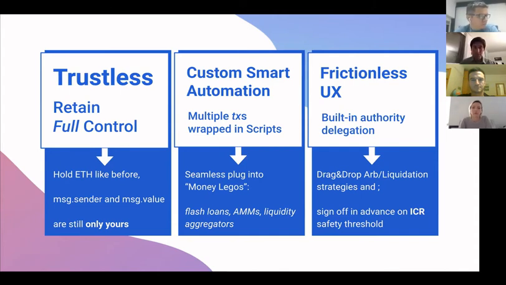Ultimately, you can sign on preset parameters, such as your security sensitivity threshold that you don't want your ICR, your individual collateralization ratio, to fall below, and sign off on that in advance, so you don't need to keep checking on that. It's a smart wallet, it takes care of it for you.